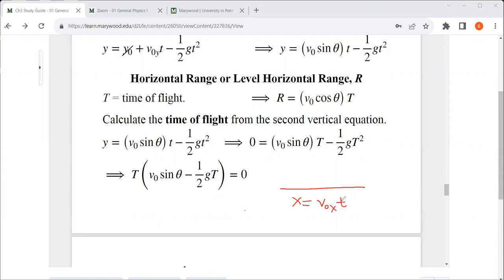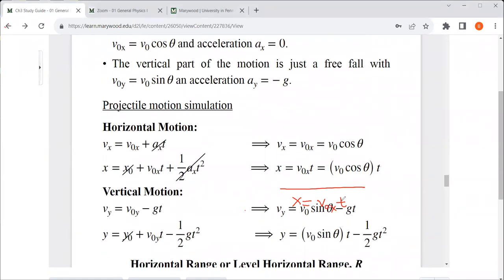So this is one of the equations: x equal to v0x t, or v0 cosine theta t.